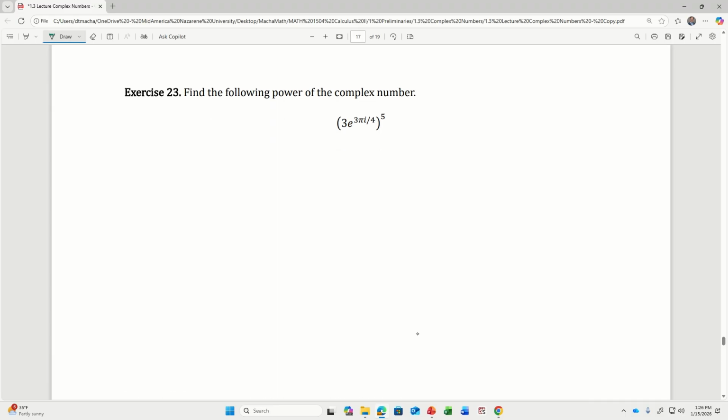If I want to find a power of a complex number like this thing, I'm raising everything to the 5th power. Well, I can distribute that 5 into each of these factors that I'm multiplying.